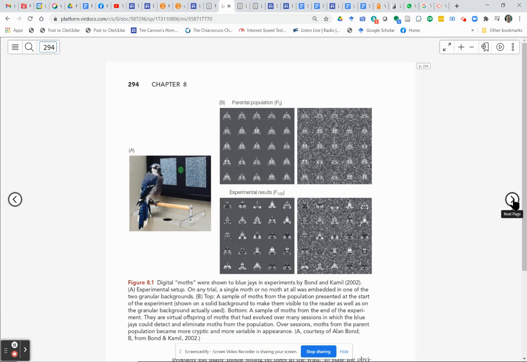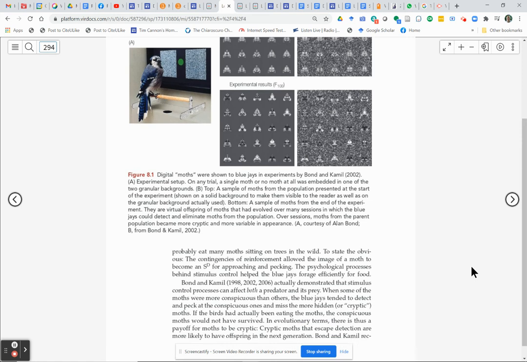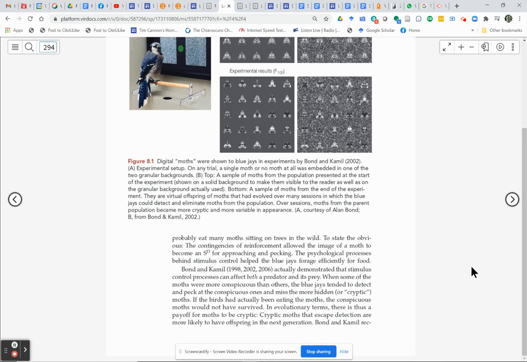Moths that are easier to see, the bird is more likely to peck at. And if this were the real world, that would be natural selection, which we dealt with in the last chapter. The moths that were easy to see are going to start being selected against. And that could shift what moths look like in the real world.